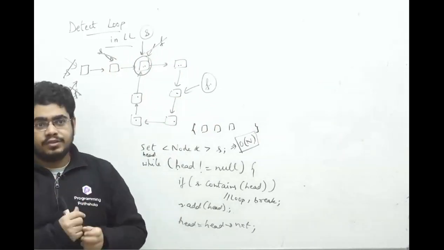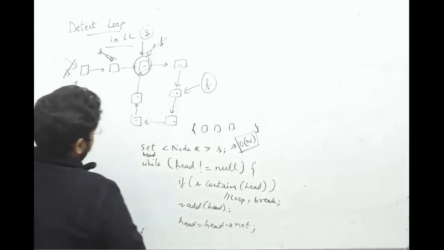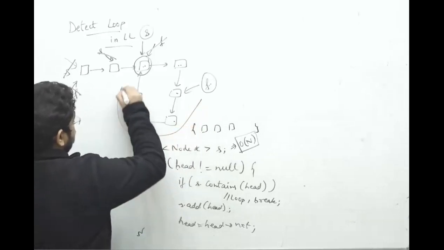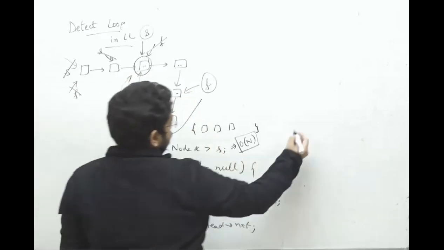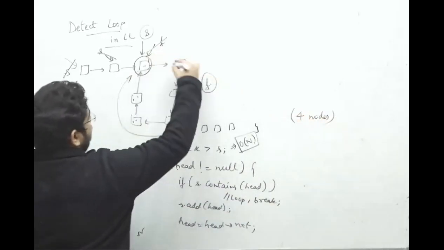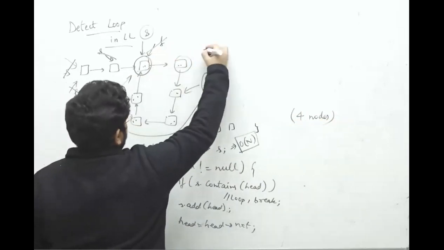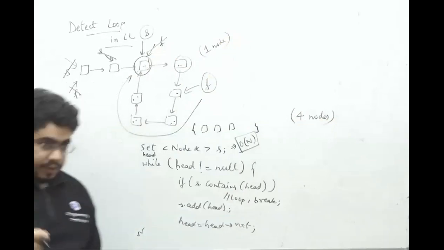Okay. Let's look at the distance between the slow and fast pointer. Right now, from one side, the distance is 1, 2, 3, 4, four nodes. And from the other side, it's like one node in the middle. Do you agree, everyone?